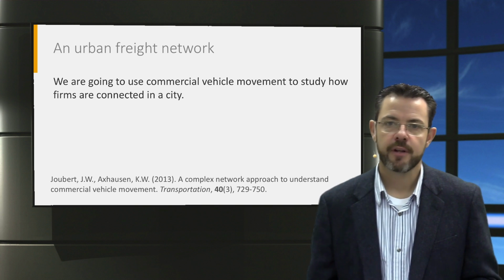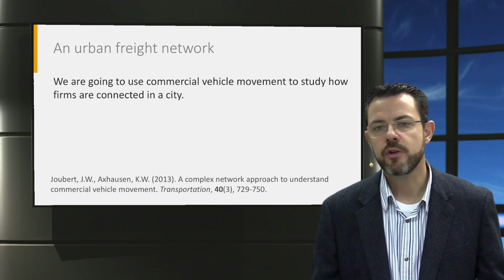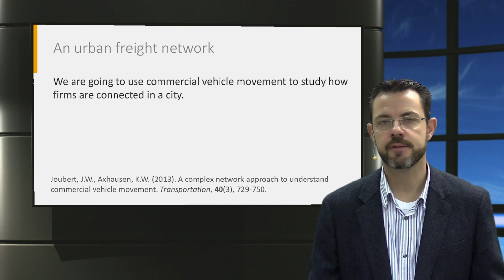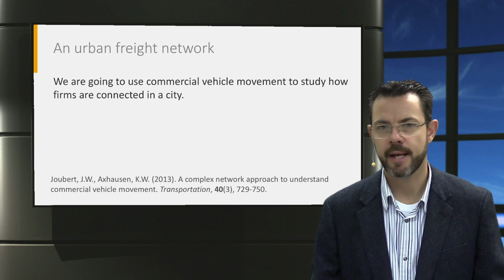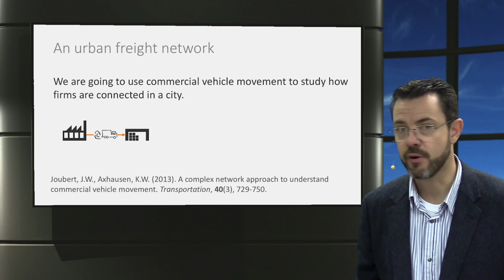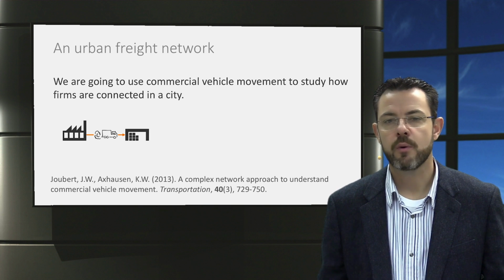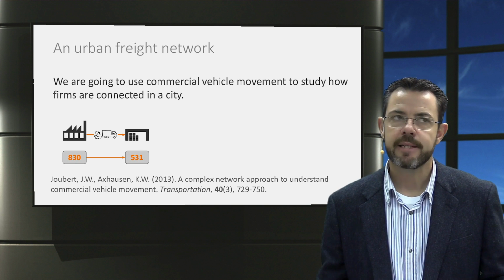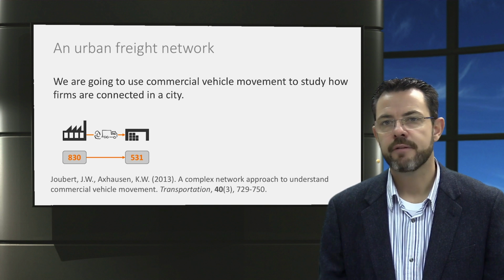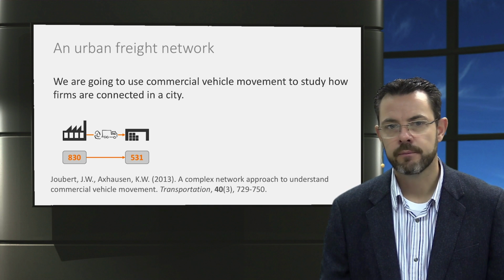Similar to the 2013 article that I wrote with Kai Oxhausen from ETH, we are going to use commercial vehicle movement to study how firms are connected in a city. What do I mean by that? Let's say there is a truck that leaves the factory and it makes a trip by driving with its goods to a warehouse. And say the factory is given an index or a name or an ID of 830 and the warehouse an index of 531.